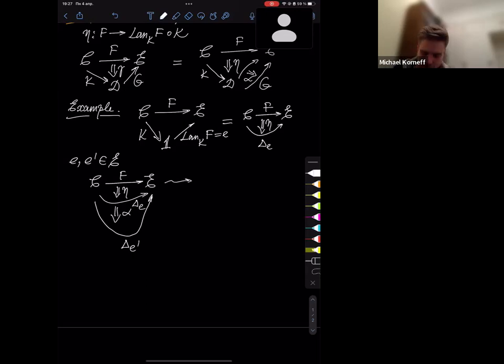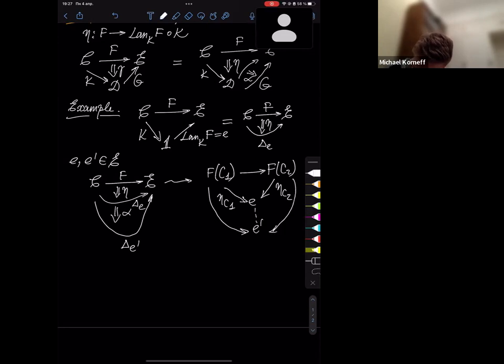And what does it mean? It means that for any two objects C1 and C2 we have morphisms between cones. This one and also this one. And this is a definition of co-limit.